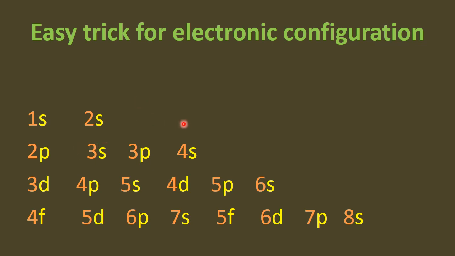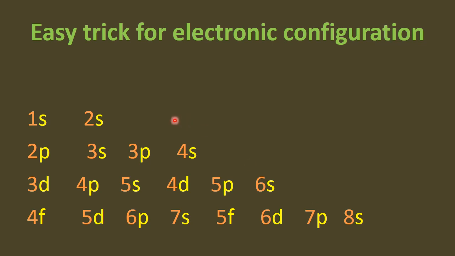After putting them in a sequence, we have to number them. As S is the first subshell, we will number it first, like 1S, 2S, 3S, 4S, 5S, 6S, 7S and at the end 8S.